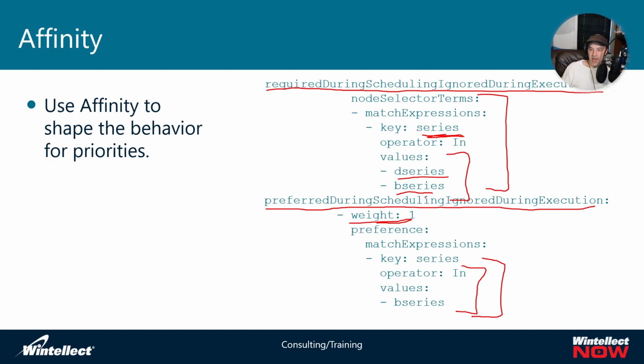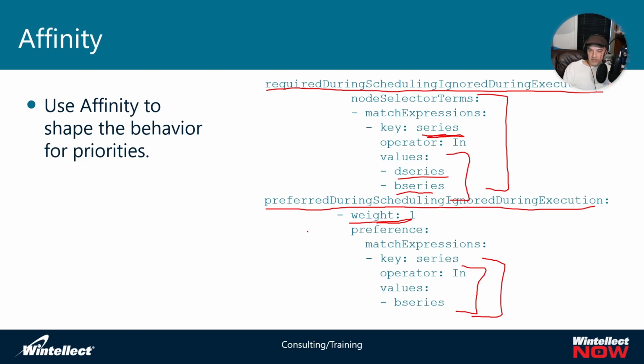Front end or back end, I might label them that way, or it might be a database node pool or what have you. That way you can shape the behavior. But affinity is for those wildcard workloads that can just use whatever compute is available, and that way you can use this one right here.